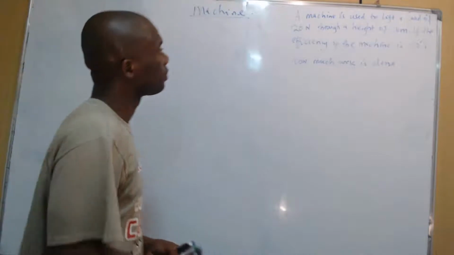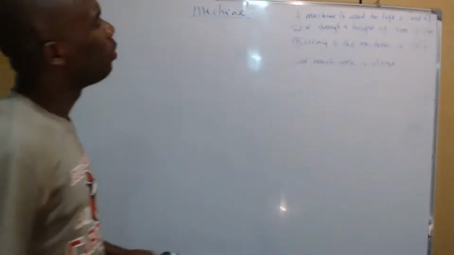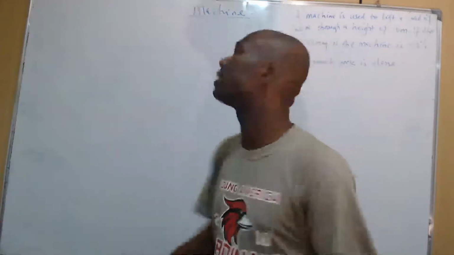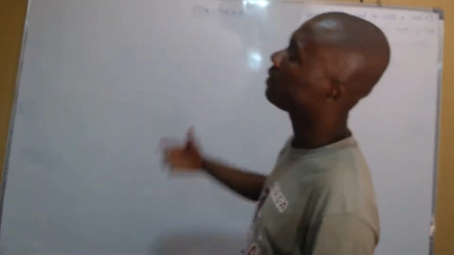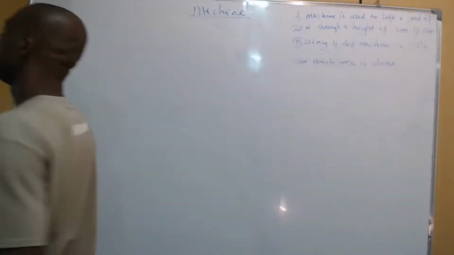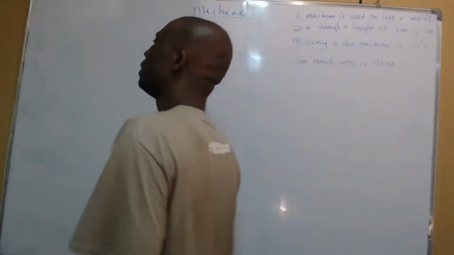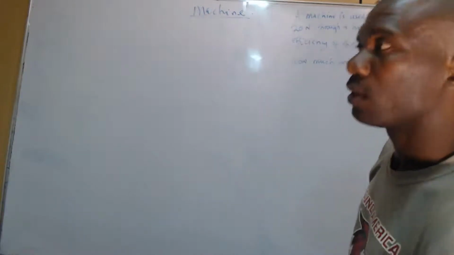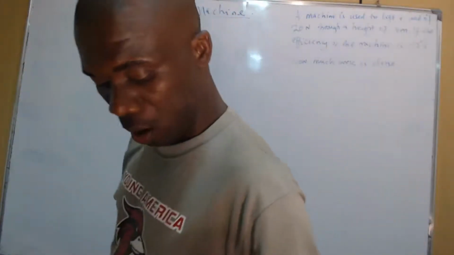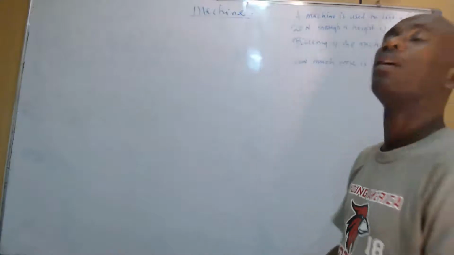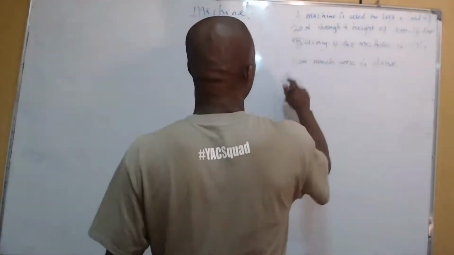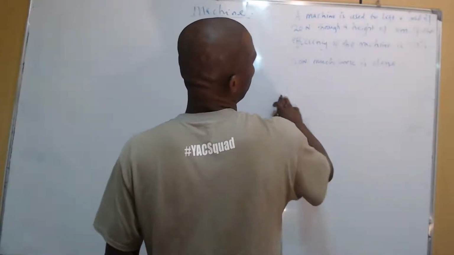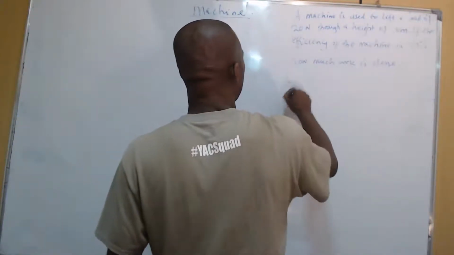Now, from here, we have the height of 10 meters, a vertical height of 10 meters. And then that represents the work output. It represents the work output of a machine. Now, work output, let me start.